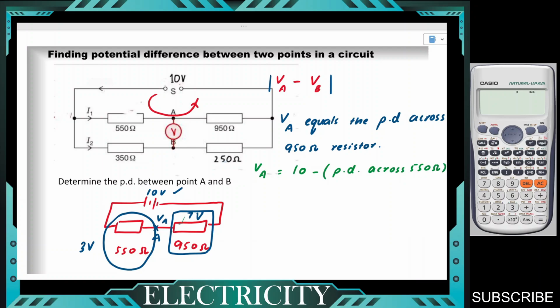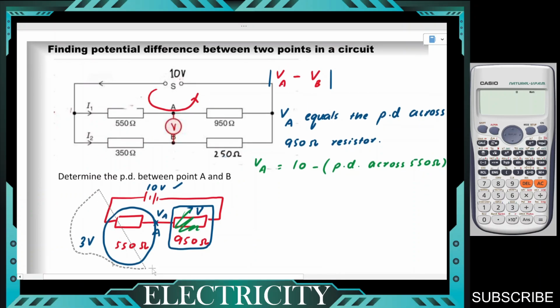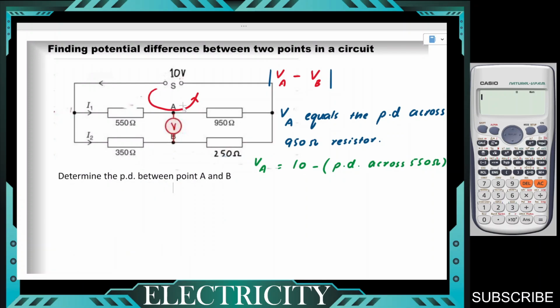Just find the voltage across this one, and that would be the potential at A. Now the big question is, we have stated that whatever the voltage across the 950 ohm resistor is, that would be the potential at A. But how do we find the voltage across the 950 ohm resistor?